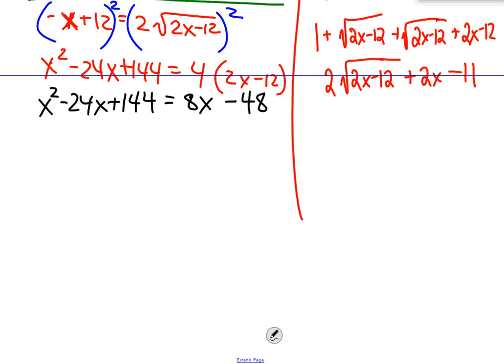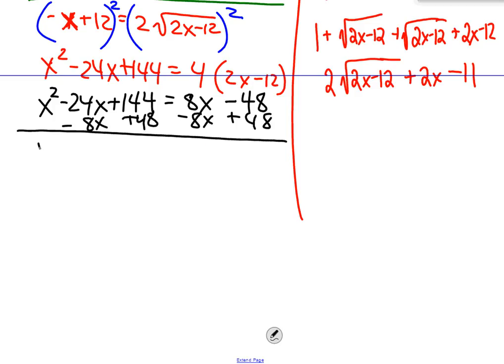And then I'll subtract 8x, and I'll add 48. And so then over here I get x squared. What's minus 24 minus 8? Minus 32x. What's 144 plus 48? 192 equals 0. Now, granted, that's kind of ugly to factor.